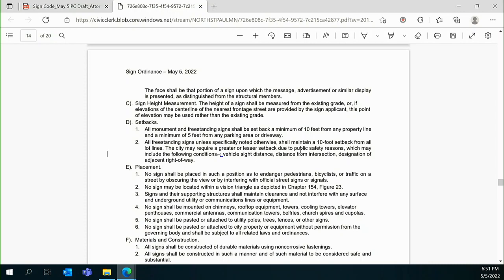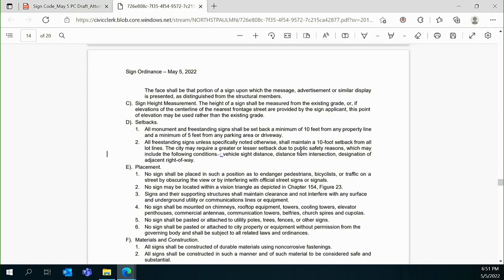But number 1 has that extra 5 feet from any parking area. You could add that to number 2. Okay, so basically combine 1 and 2. Number 2 says from a parking area driveway, that's okay. A freestanding sign is a more generic definition than a monument sign. Correct. A monument sign is a freestanding sign, so you could take the reference to monument signs out of this entirely.